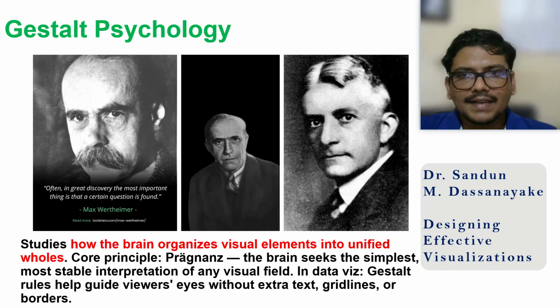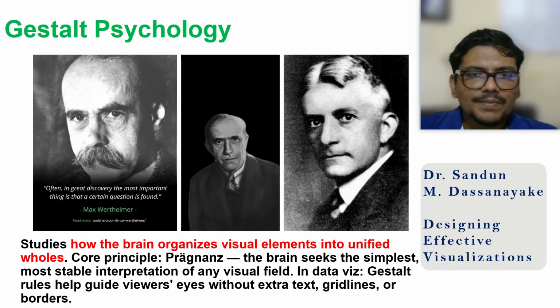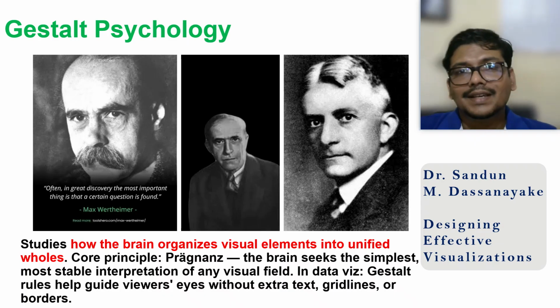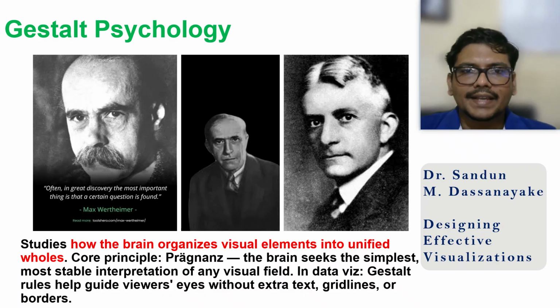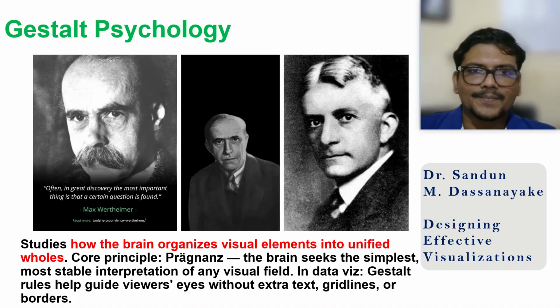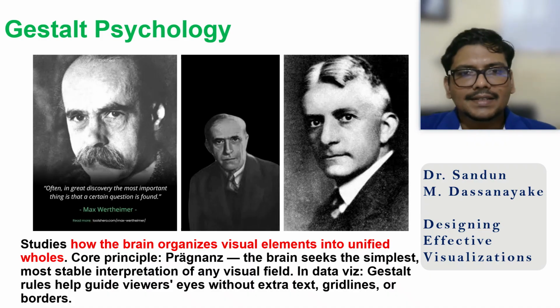The key discovery is that our brain is naturally a pattern-seeking powerhouse. Instead of painstakingly analyzing each element one by one, it quickly looks for the simplest and most coherent interpretation of what we see. This remarkable tendency is called Prägnanz, roughly translating to good form in German.